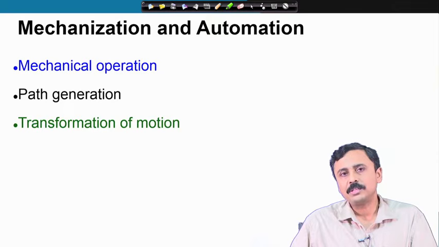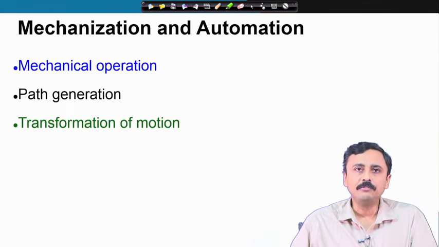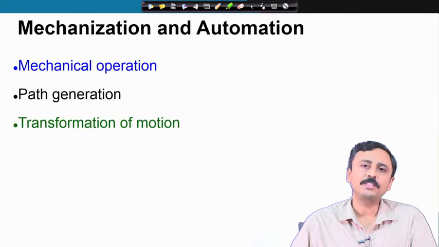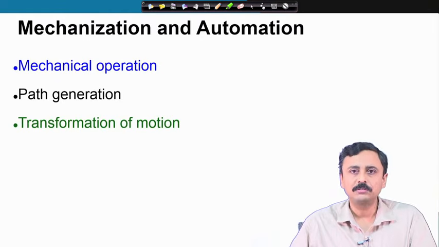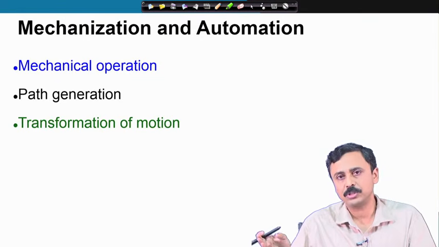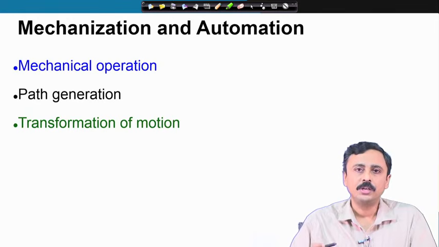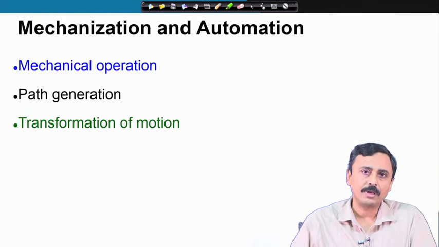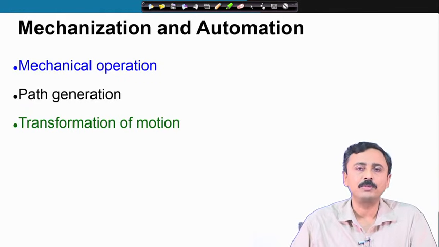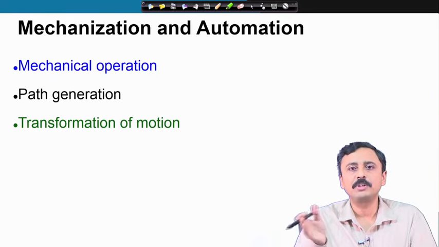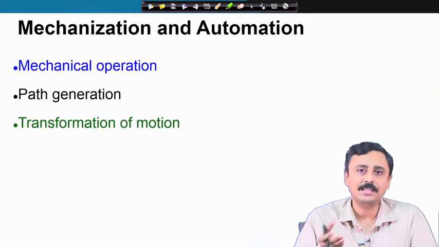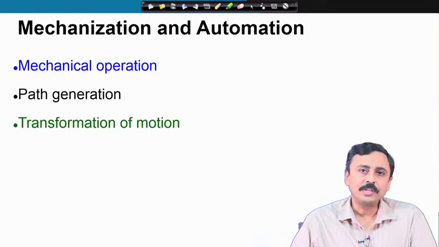All this automation and mechanization involves transformation of motion. For example, from a rotary motion you might require a translatory motion or an oscillatory motion. So, what kind of mechanism will you use for this purpose? What will be the displacement relation? What will be the velocity relation or acceleration relation? These are the things that we need to study.